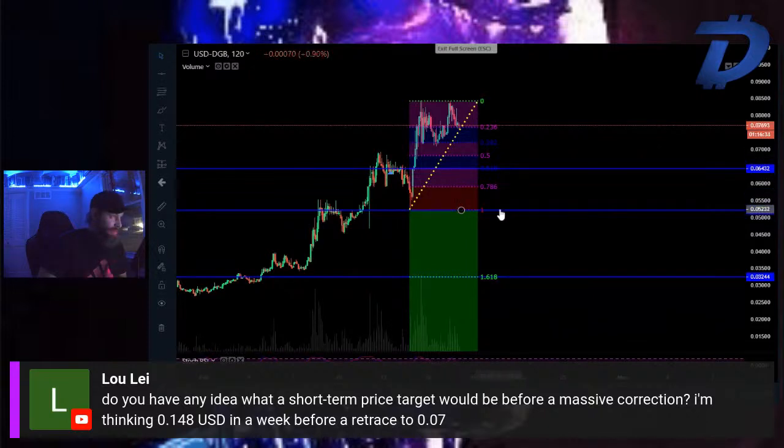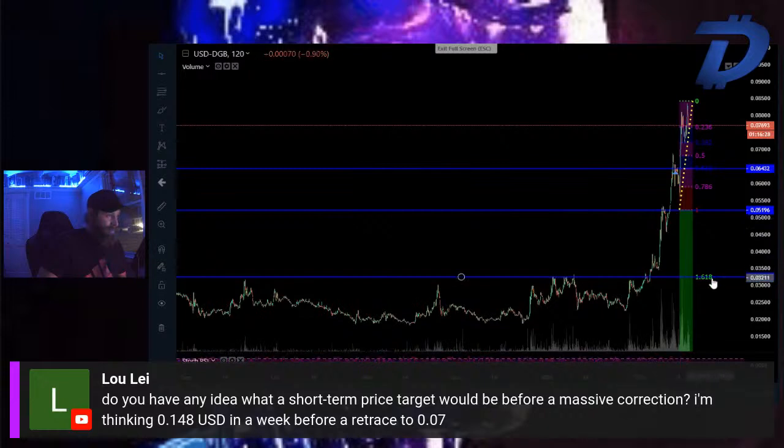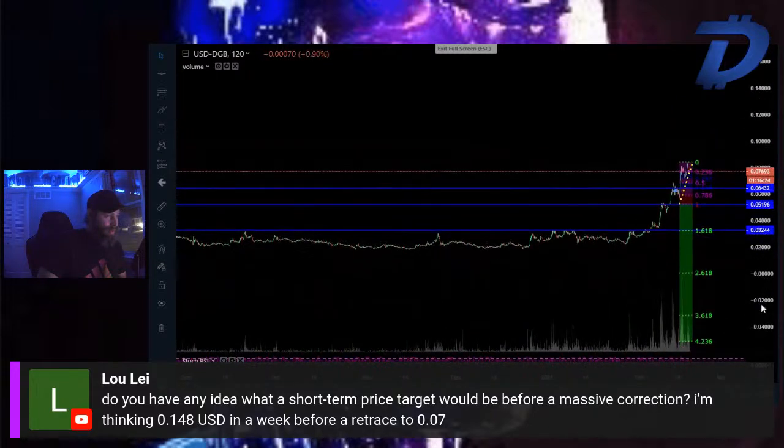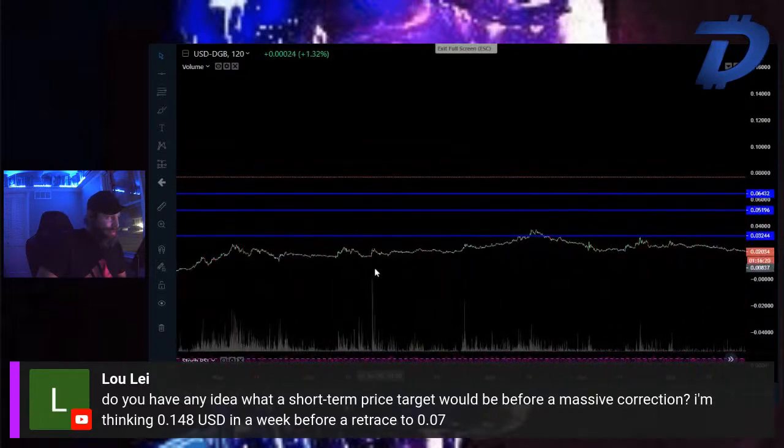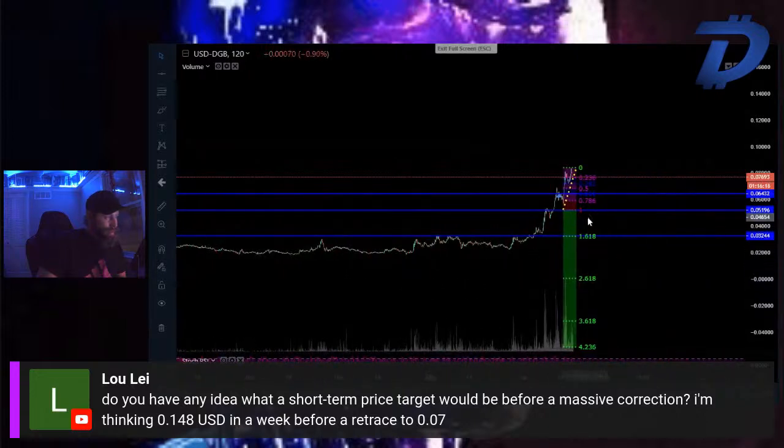Yeah, this would be a really great spot right here. But definitely, it's not going below 3.25. Look how much support we had over here for 3.25 the whole time before we broke out. So it's not going below here.